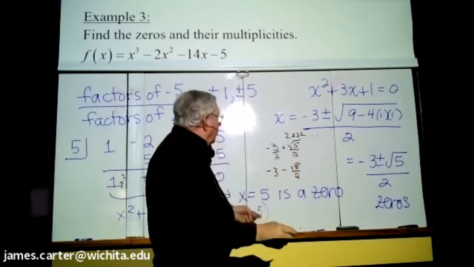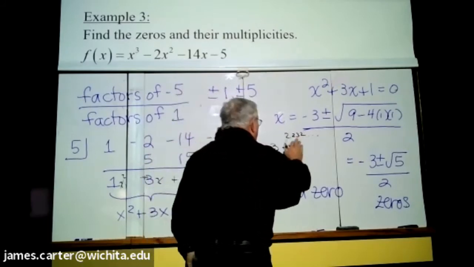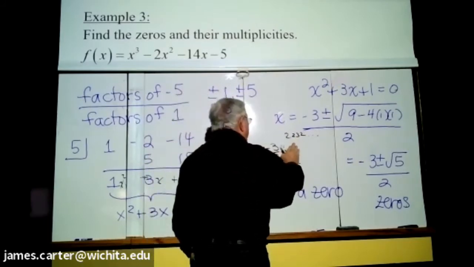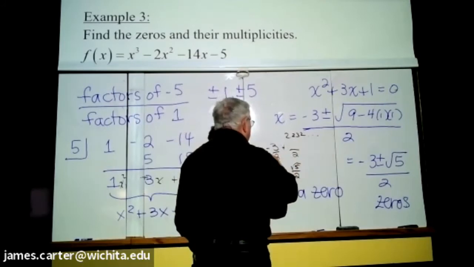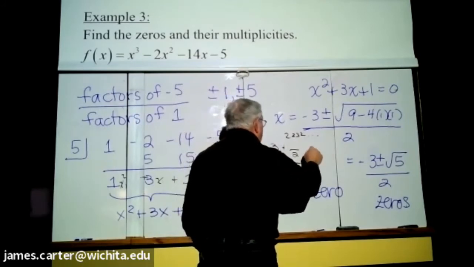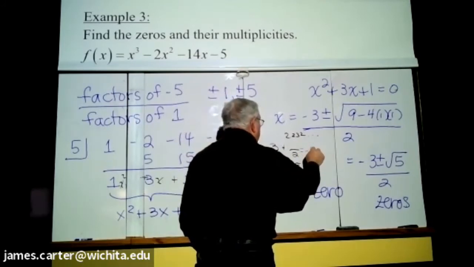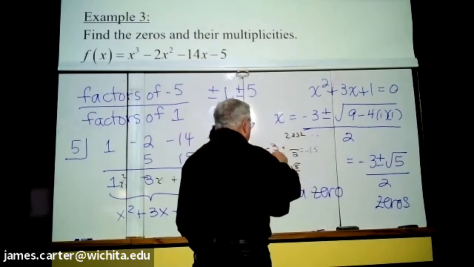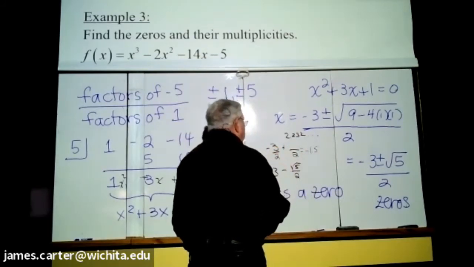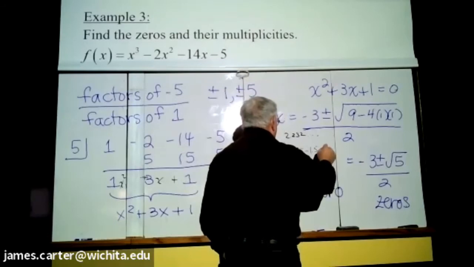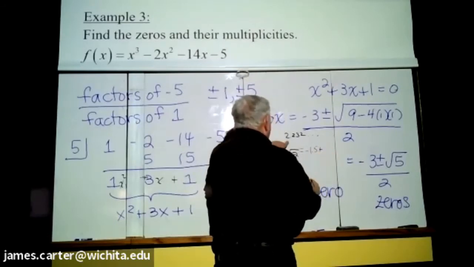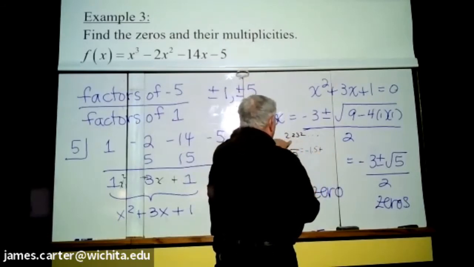You might ask, well, how would you graph this? Well, we would replace this with that, which would give us negative 1.5. That's what negative 3 halves is. Plus this number divided by 2.